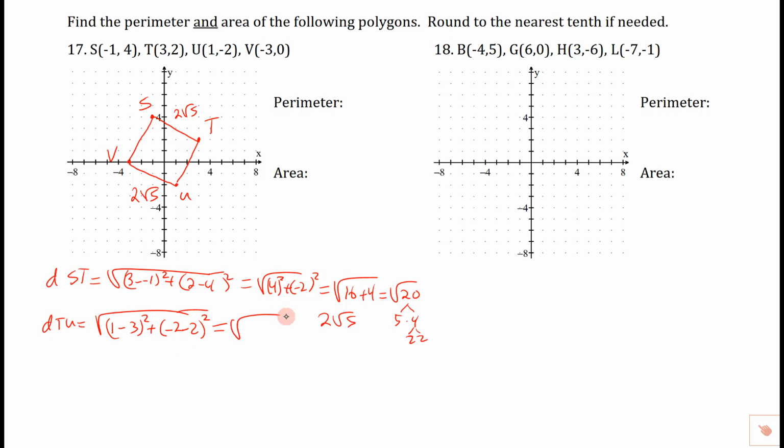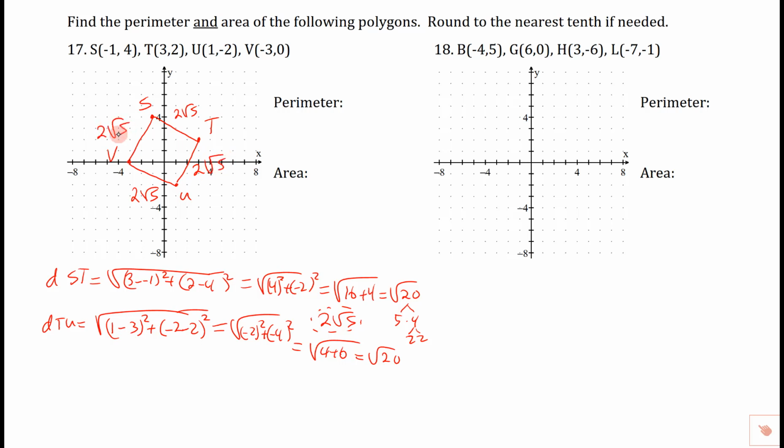So here's what we get. We get negative 2 quantity squared plus negative 4 quantity squared, which is 4 plus 16. So again, we end up with radical 20. So what that means is this is also going to be 2 radical 5 and 2 radical 5.